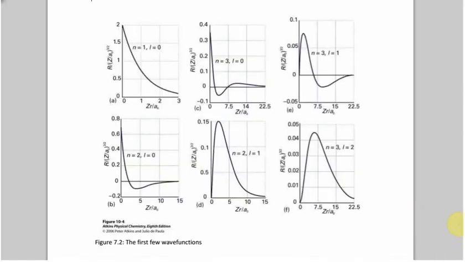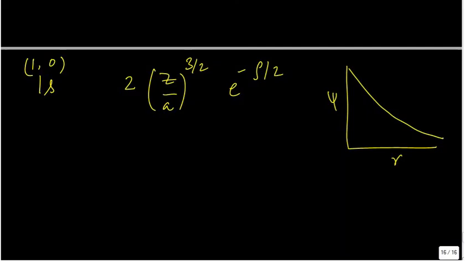The first one, top left, n is equal to 1, L equals 0, the 1s orbital. Except that it's not radius r, but rho, which is plotted over there.